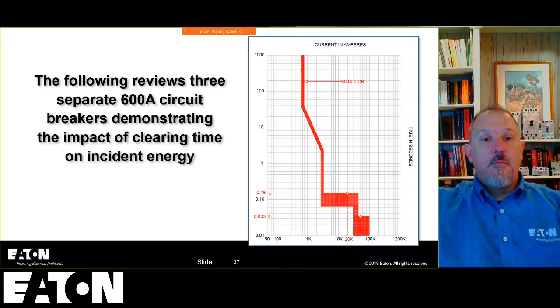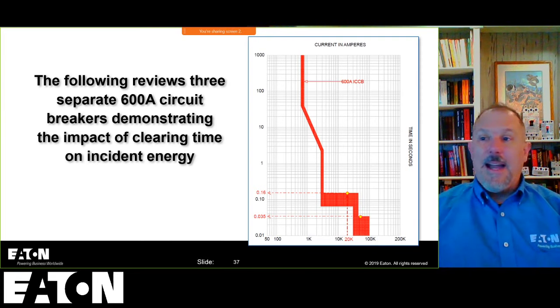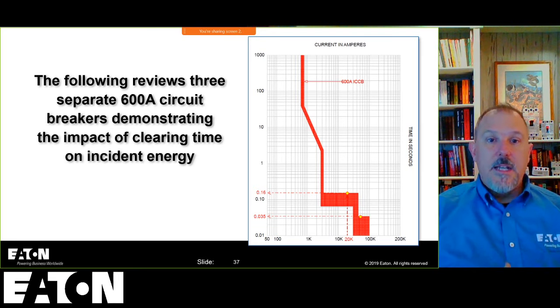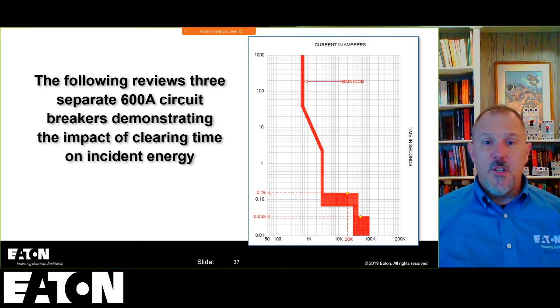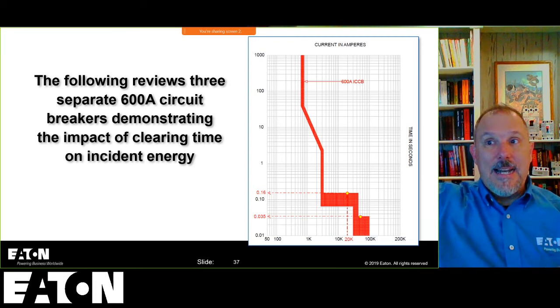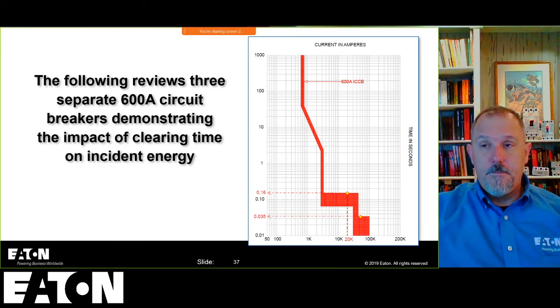Think about it, these are 3 circuit breakers. One is bigger than the other. I can't carry a 600 amp power breaker, but I can easily carry a 600 amp molded case circuit breaker. Why would I want a power breaker over a molded case circuit breaker? It's going to be much more expensive. It's going to go in bigger equipment. It's because I need a time delay upstream.